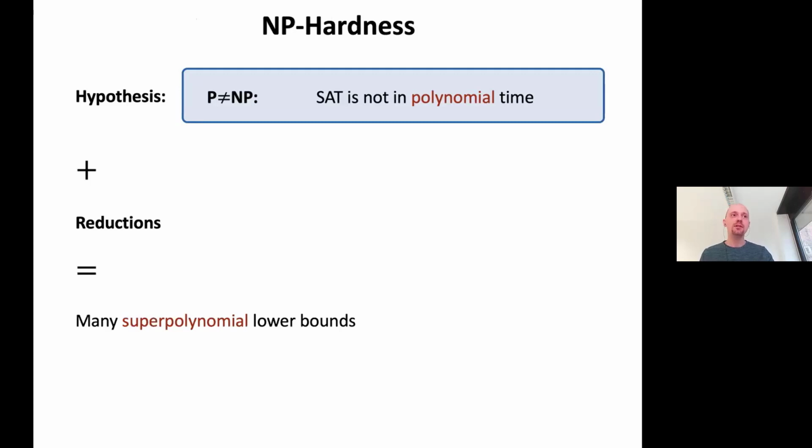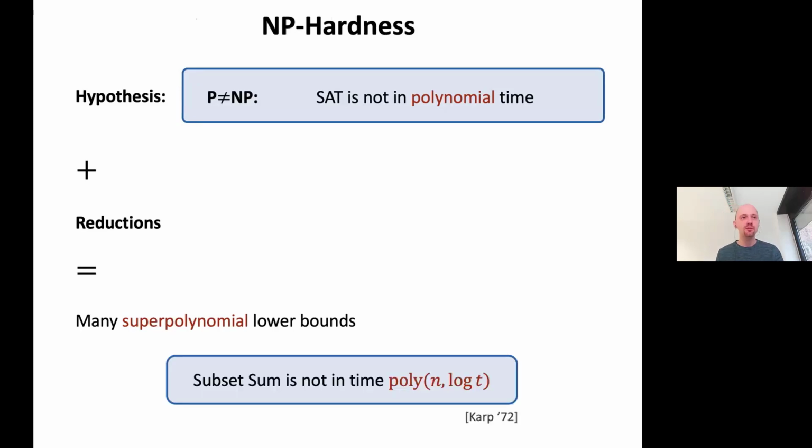Generally, this way you can prove lots of superpolynomial lower bounds, right? Assuming that satisfiability is not in polynomial time, lots of other problems are not in polynomial time. And of course, this has been done very classically by Karp for subset sum. It's one of the first problems that have been shown to be NP-hard. So it's not in time poly n and log t, so you cannot improve the dependence on t to poly log t.